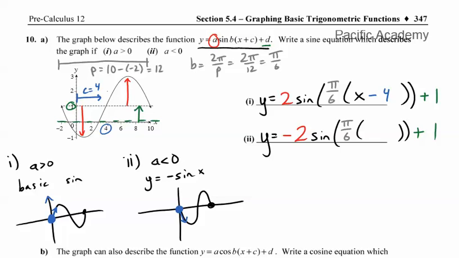So for a negative sign, I want to know how far this point moved away. That should be the starting point. So this distance is my C for a negative sign graph. So I can use minus 10.